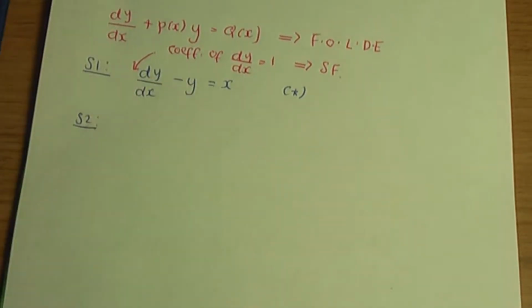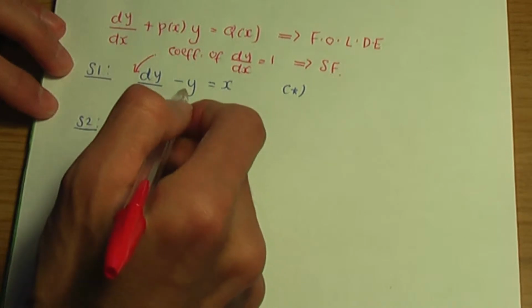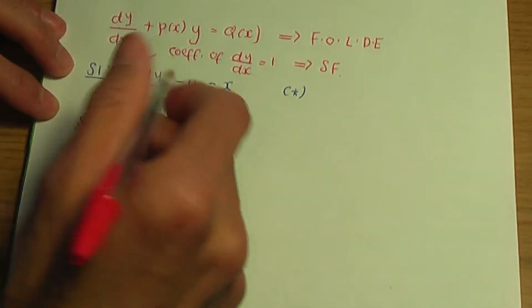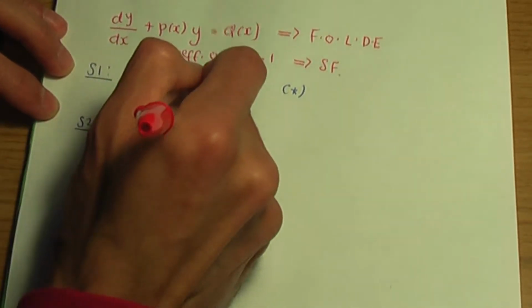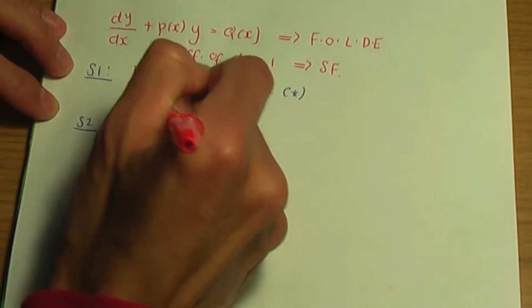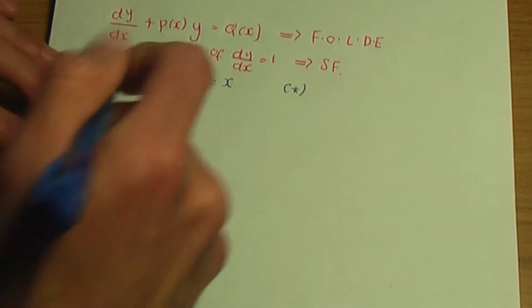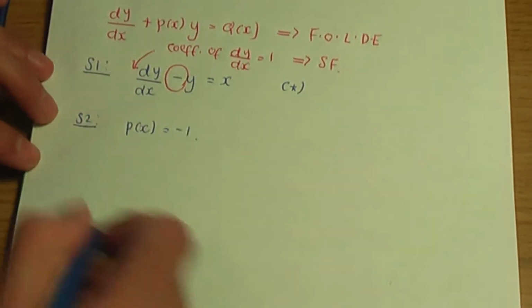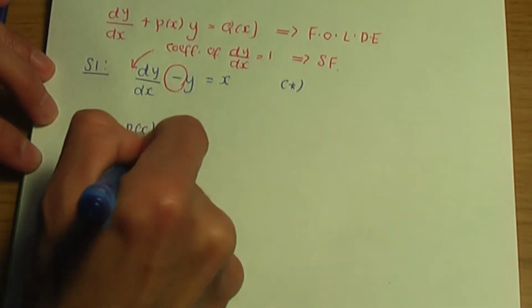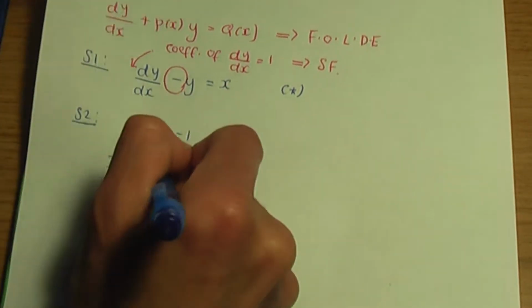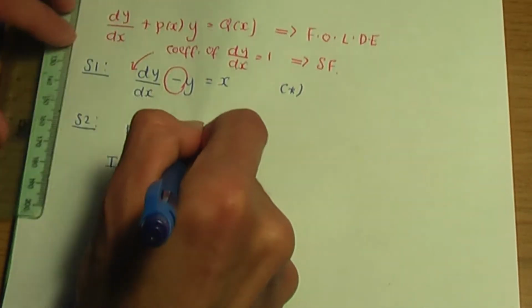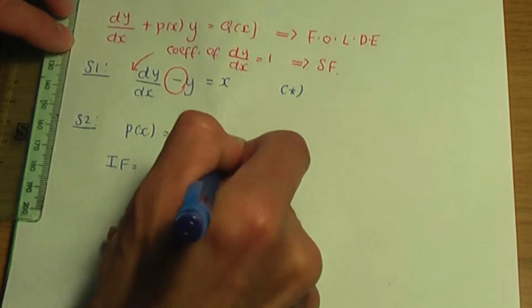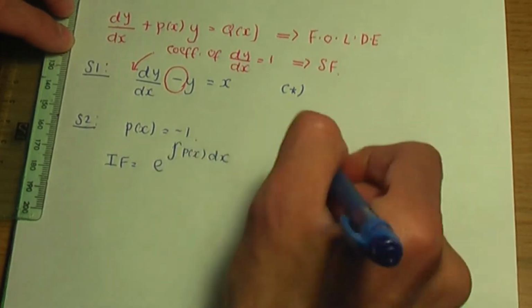So over here, p(x) is the term in front of y. So p(x) is the coefficient of y. The coefficient of y is minus 1. So I'm going to make a note that p(x) is minus 1. And remember the formula for the integrating factor IF, it's e to the power integration of p(x) with respect to x.